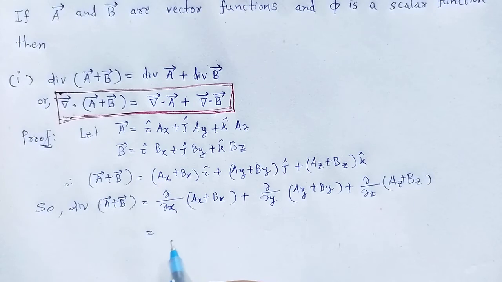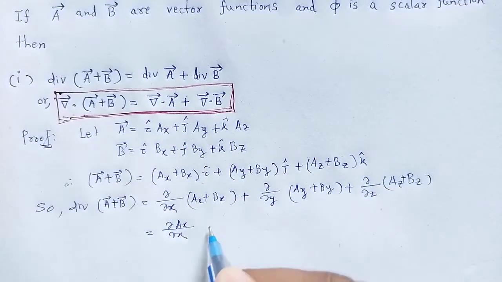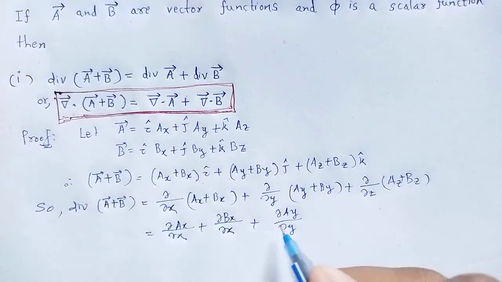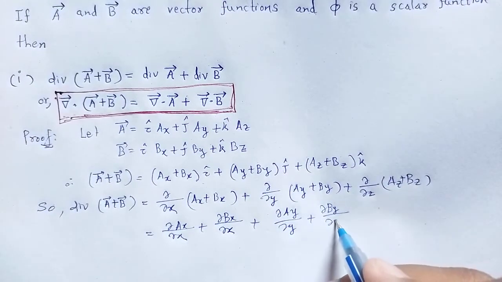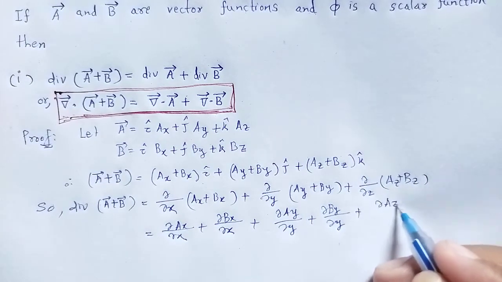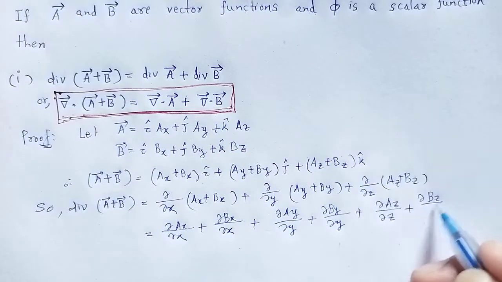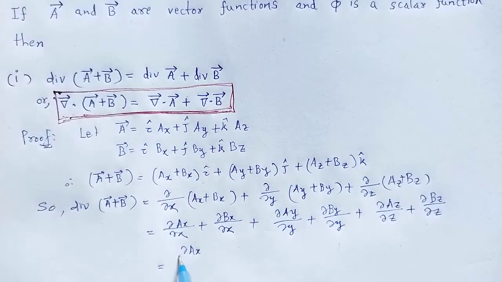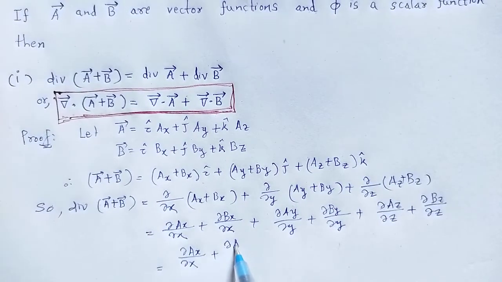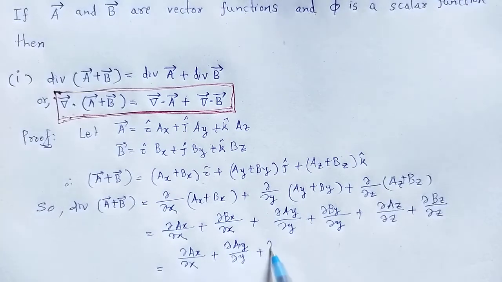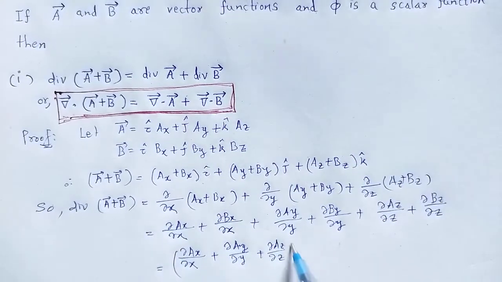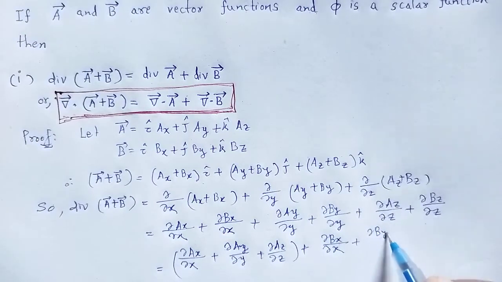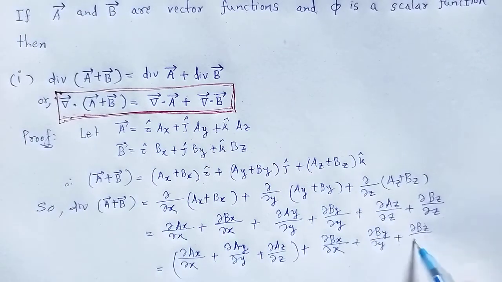Now we expand, that is del ax by del x plus del bx by del x, del ay by del y plus del by by del y, plus del az by del z, del bz by del z, is equal to, we have to separate, del ax by del x plus del ay by del y plus del az by del z plus del bx by del x plus del by by del y plus del bz by del z.